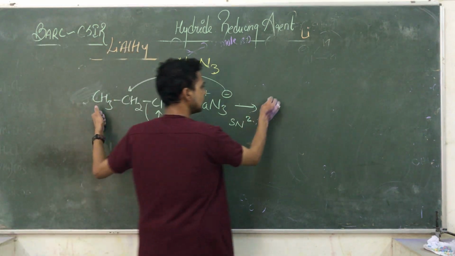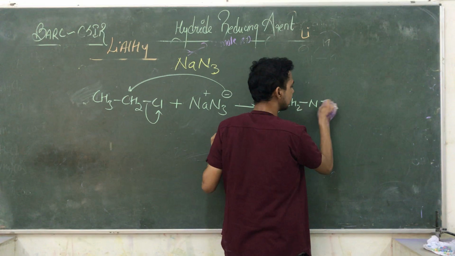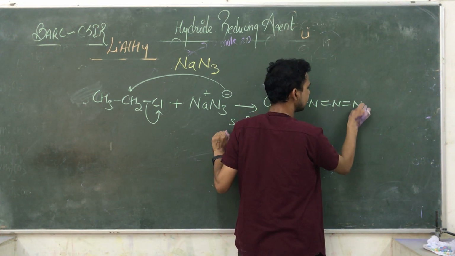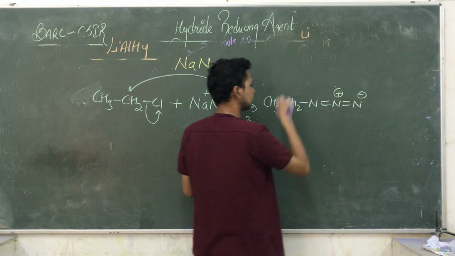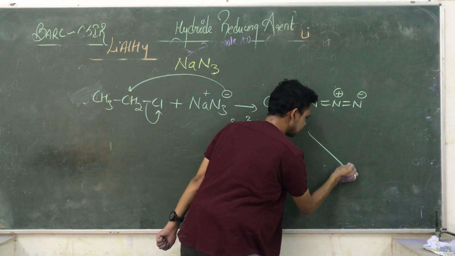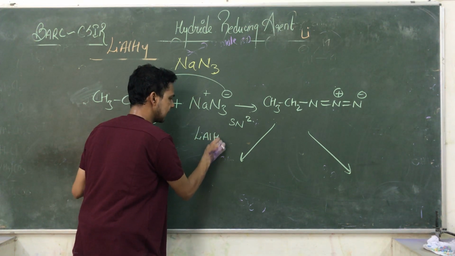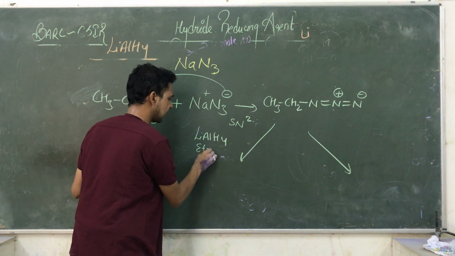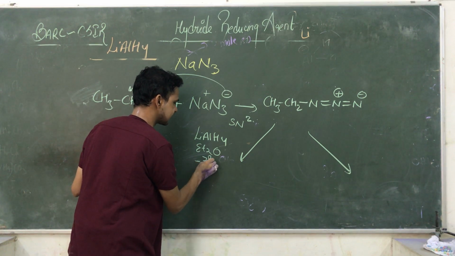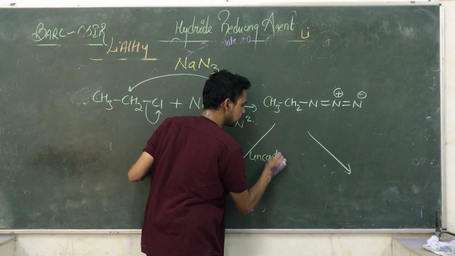The product is CH3, CH2 and double bond N having a negative and positive charge. Here the reaction is converting in two directions. Guys, if the reaction takes place with LiAlH4 in the presence of diethyl ether and 78 degrees Celsius, this reaction is uncontrollable.